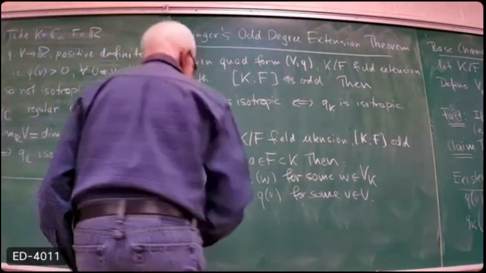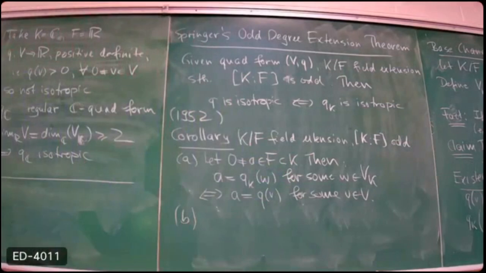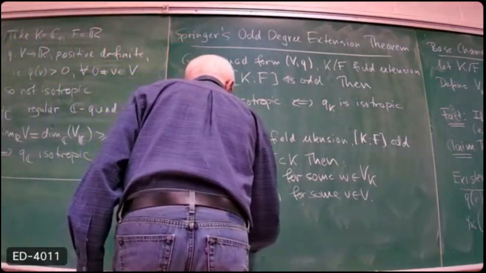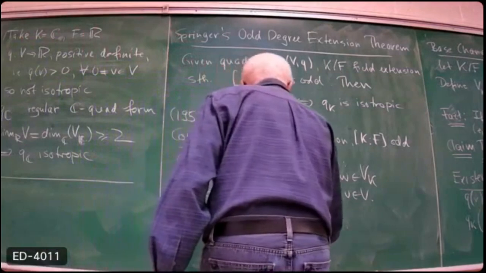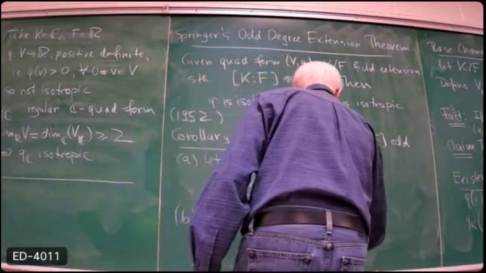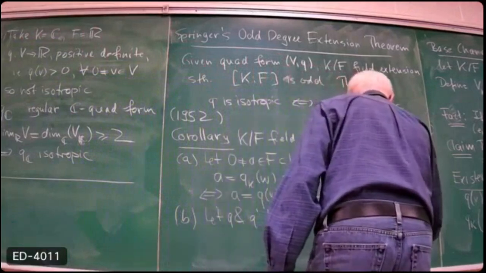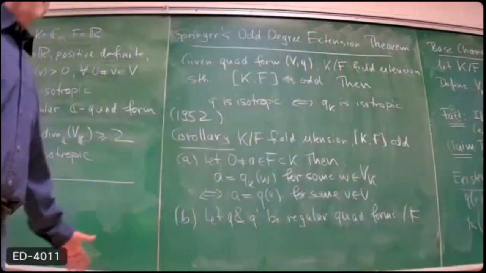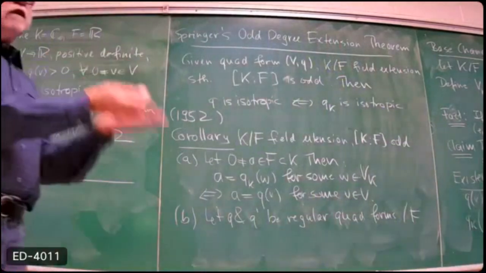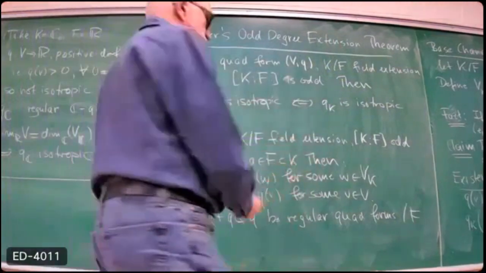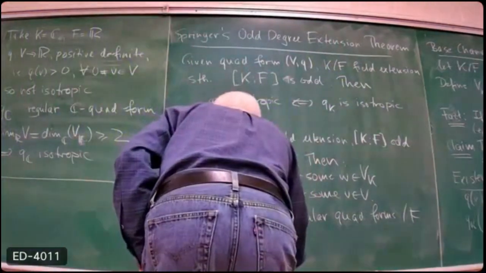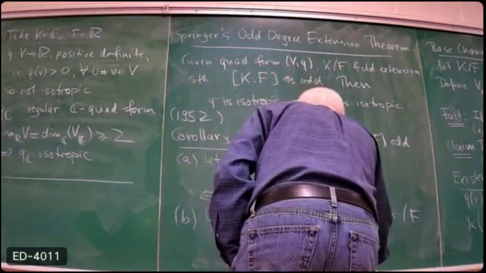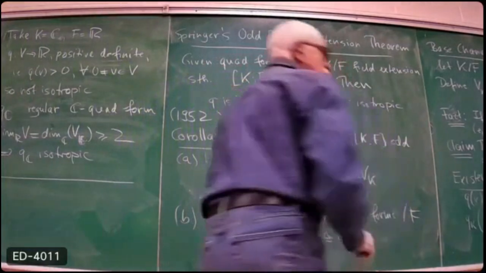Part B of the corollary says that, take two, let Q and Q prime be regular forms over F. Now, if they are isometric over K, then they are isometric over F. Okay, so if Q is isometric to Q prime over F, then it's clear that Q_K is isometric to Q prime_K.